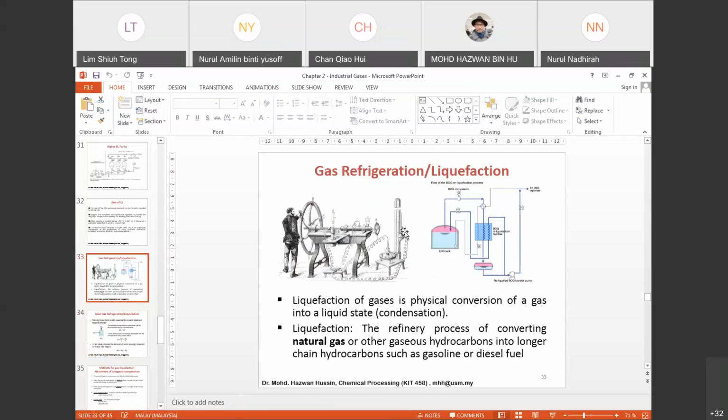It goes into this chamber, and after the pressure, the liquid gas can be formed when you cool it. So that is why sometimes when you see refrigeration, it means that the gas is being cooled and then it will change state into liquid state.